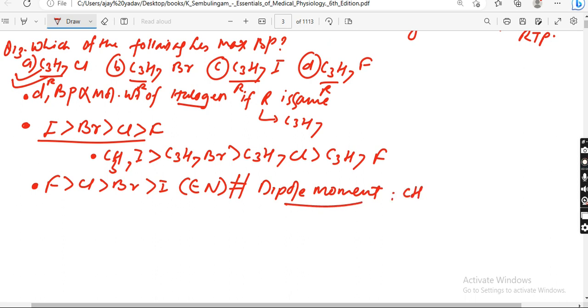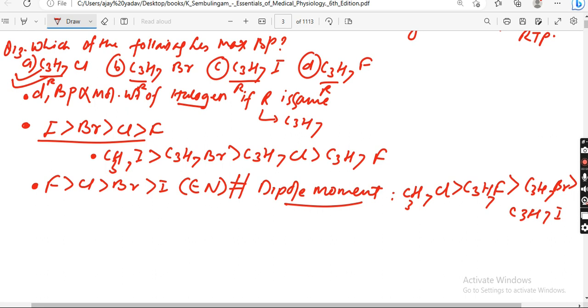Then C3H7Cl will have more dipole moment than C3H7F, then C3H7Br, and then C3H7I.